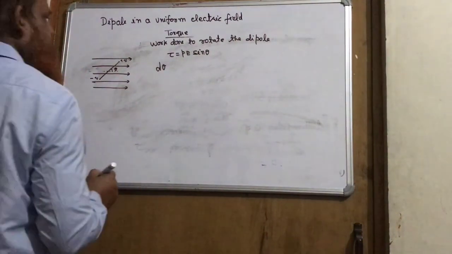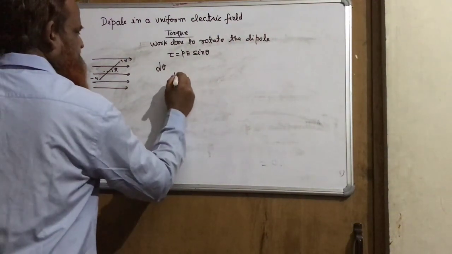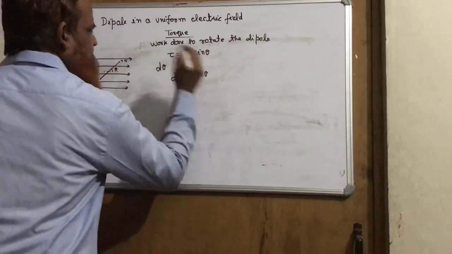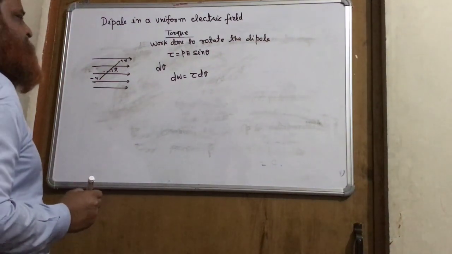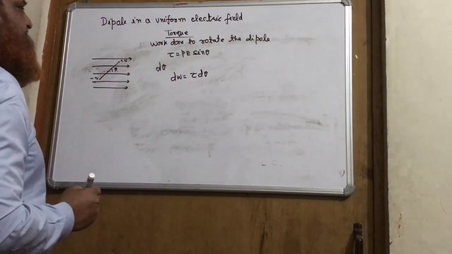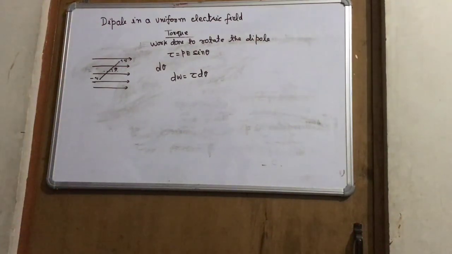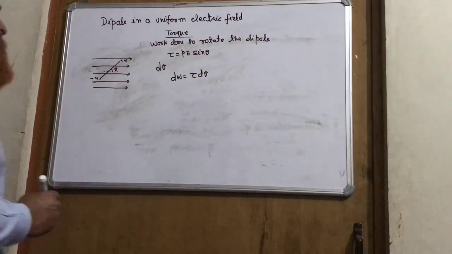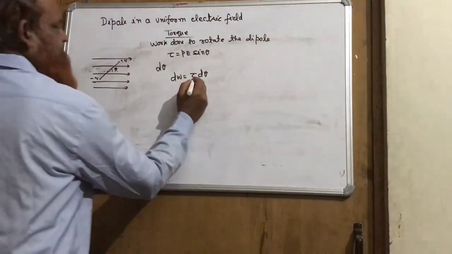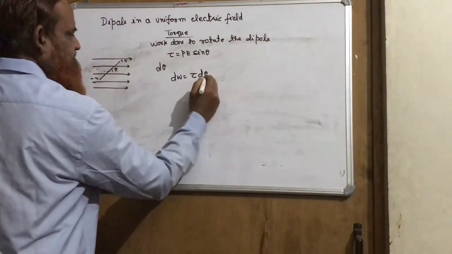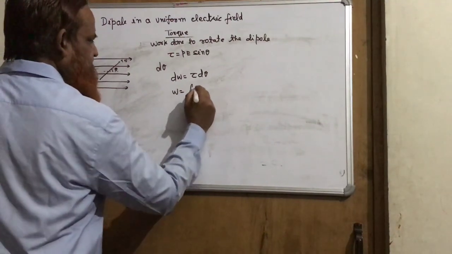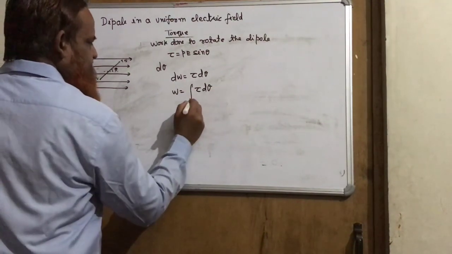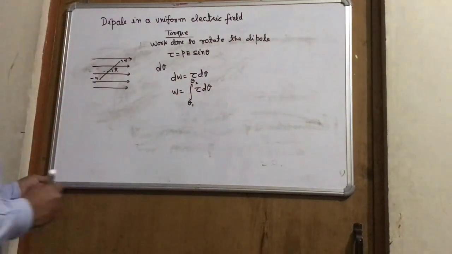Then in rotational motion, the work done is torque times d theta, as in translatory motion the work done is force into displacement. In rotational motion, torque is the analog of force and angular displacement is the analog of displacement. So the work done is the integral. Let me rotate it from angle theta 1 to theta 2.